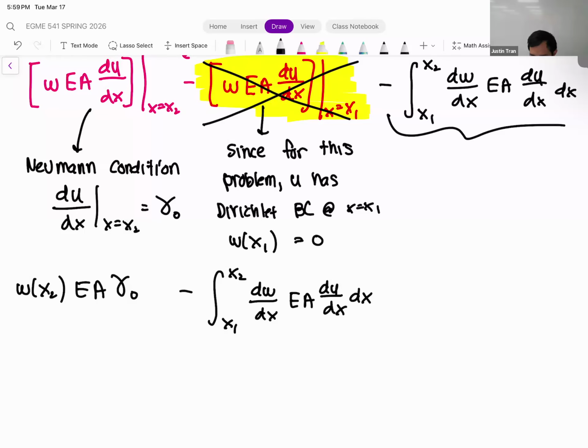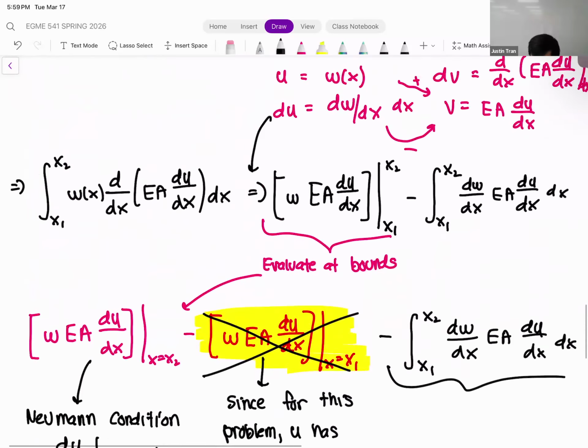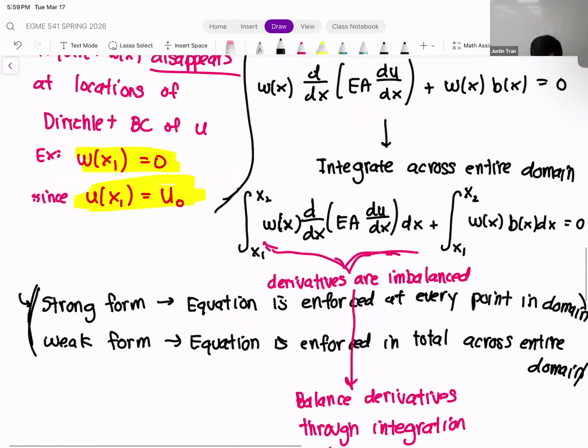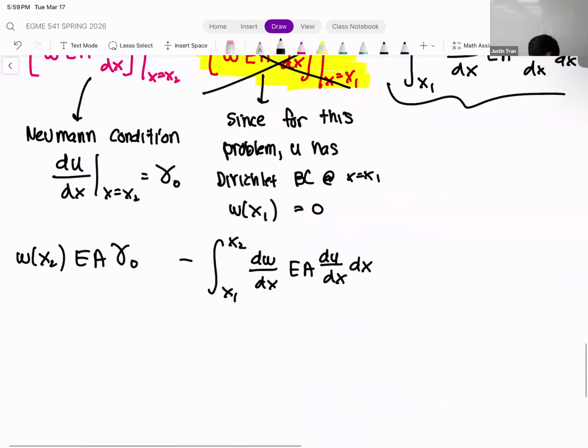All right, and then the last thing that we need here is a term that we almost forgot. We go back to our original integral. We've only been working on that first integral there in pink. We also have the integral of the source term as well, the integral from x1 to x2 of w of x, b of x, dx. We didn't do anything with it because there's not much we can do, since we don't know what b of x is. But let's add it back in here.